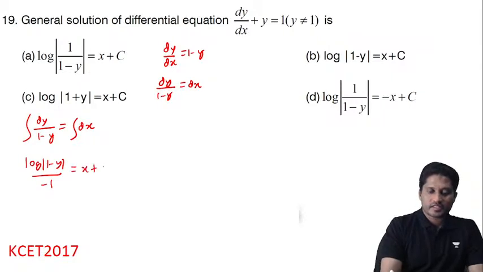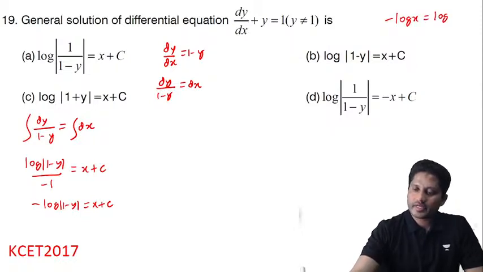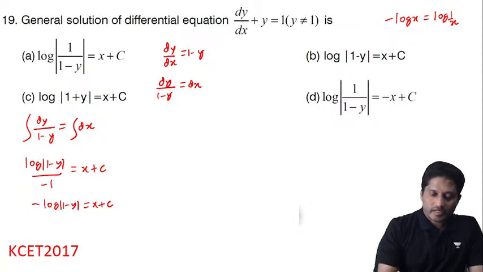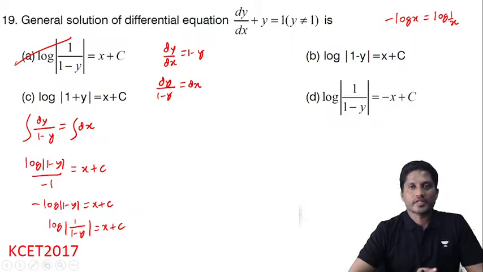Integration of dx is x. So minus log of 1 minus y is equal to x plus c. When you have minus log x, it can be written as log 1 by x. So this is log of 1 divided by 1 minus y equals x plus c. The answer is option A. Let's move to the next question.